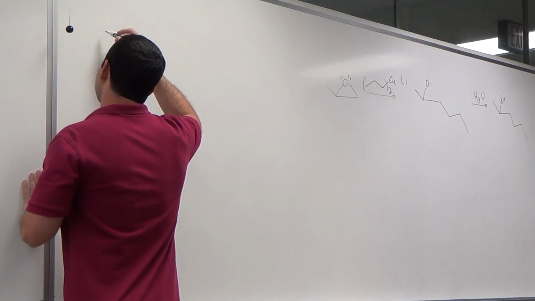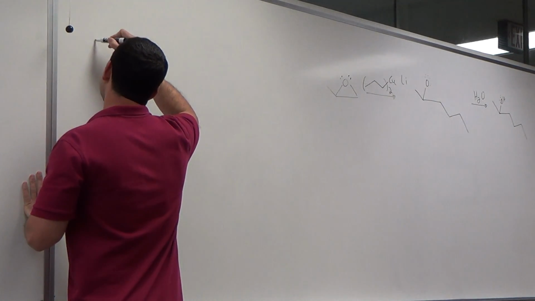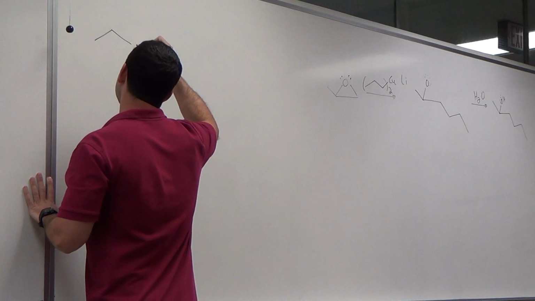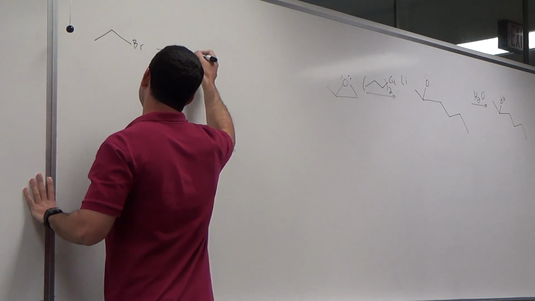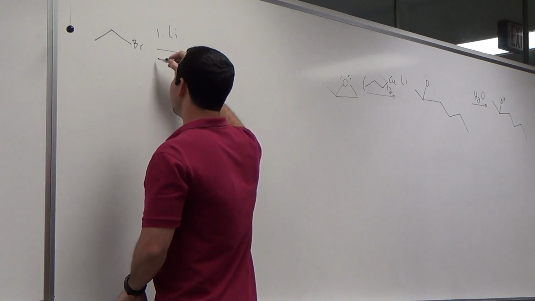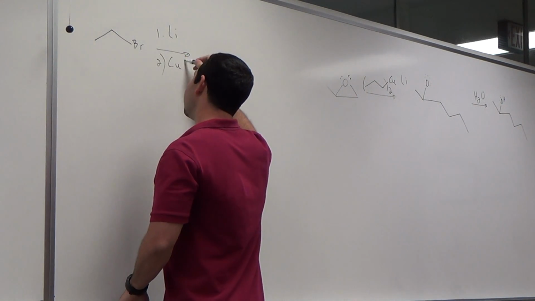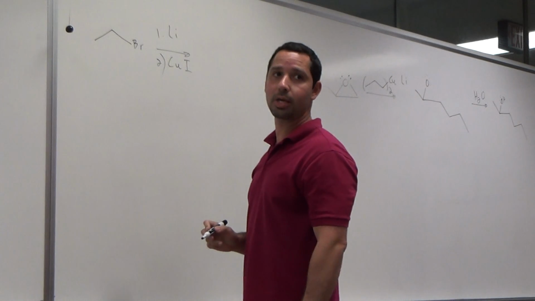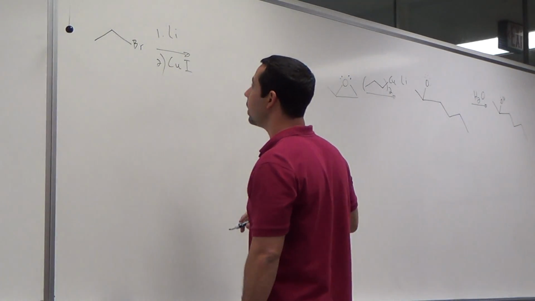So, let's say we have this. In the first step, we add lithium. In the second step, we add copper iodide.